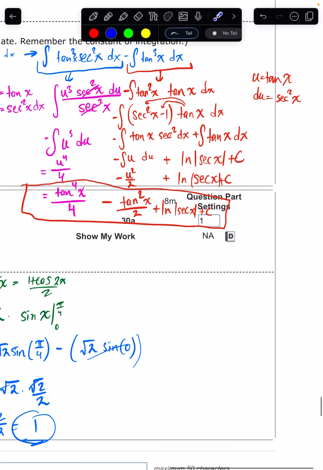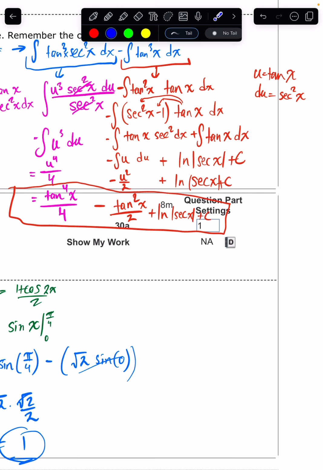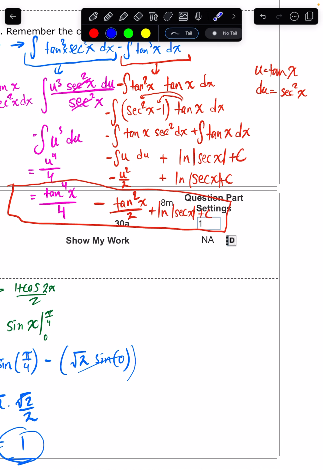Well, make sure you distribute the negative. That's what I did here, since I distributed this right here and here. So this negative became a positive over here.